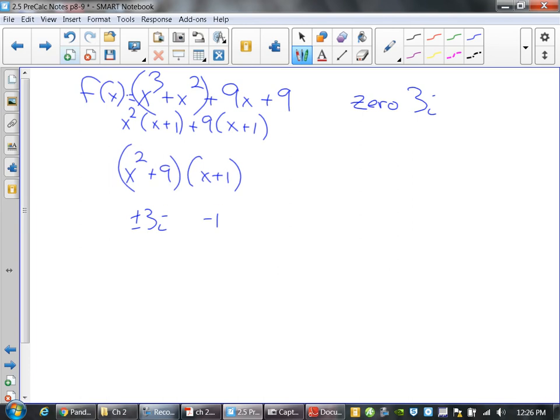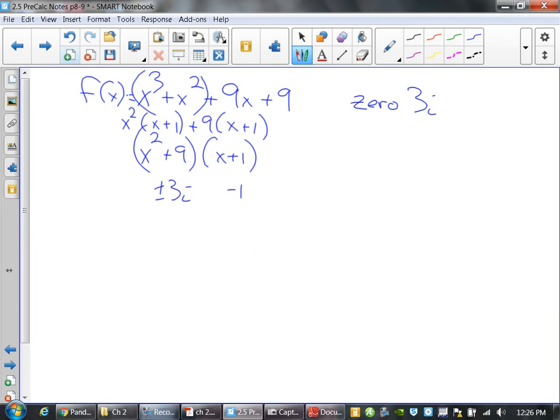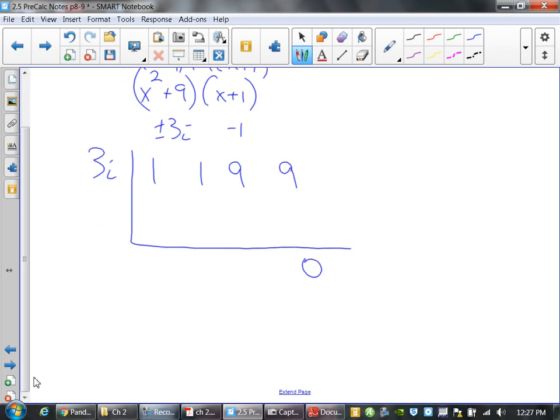If you know you have a 0 at 3i, that means you also have to have a 0 at negative 3i. So what you can do is take your 3i and set it up for synthetic division. Because if you know that's a 0, what should wind up there? 0, okay? So here's what happens. You still use it the same way.